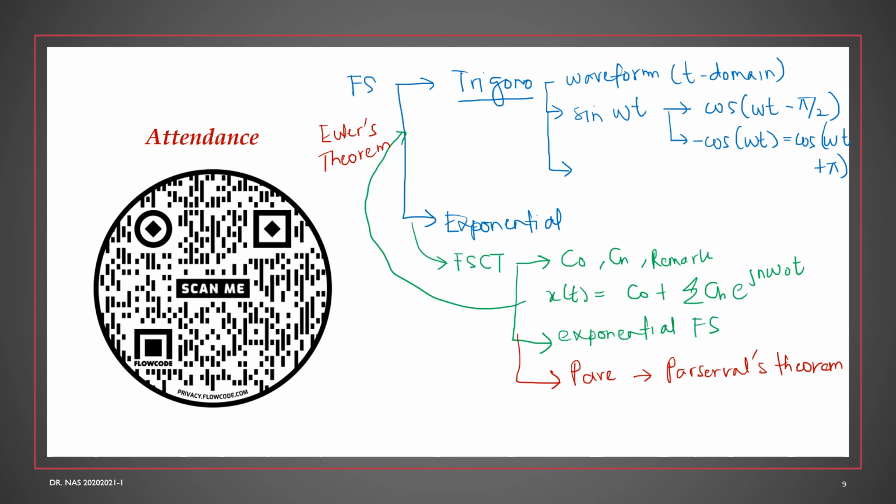For example, if you have cos squared omega t, this can be expanded by using an identity, for example, cos 2 theta equals 1 over 2 and so on. So you can simplify the equation by using trigonometric identities.